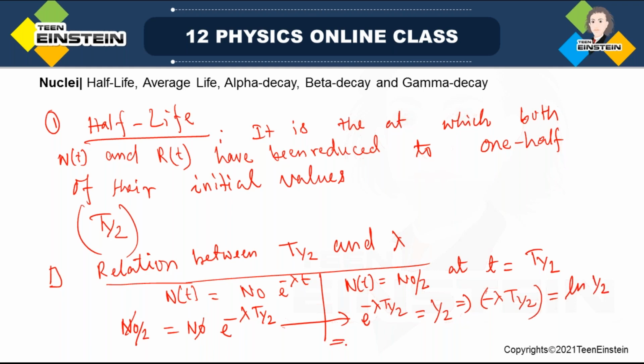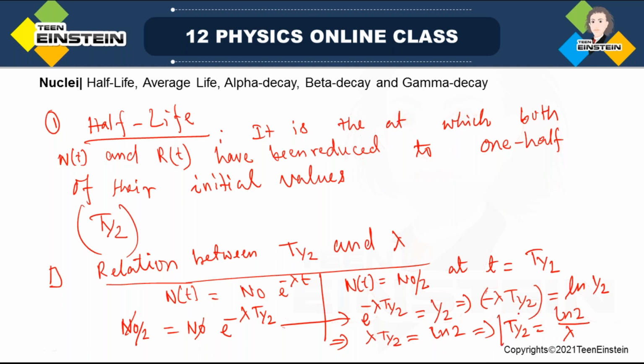According to the rules of ln, we can write lambda into t half is equal to ln 2, so t half is equal to ln 2 by lambda.